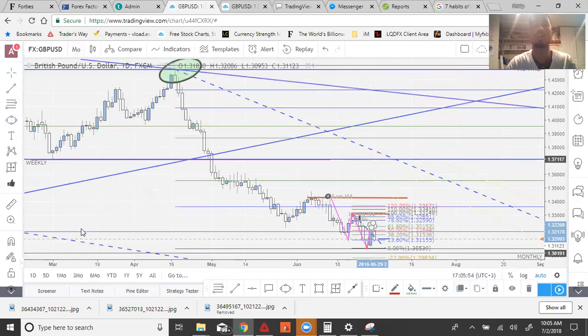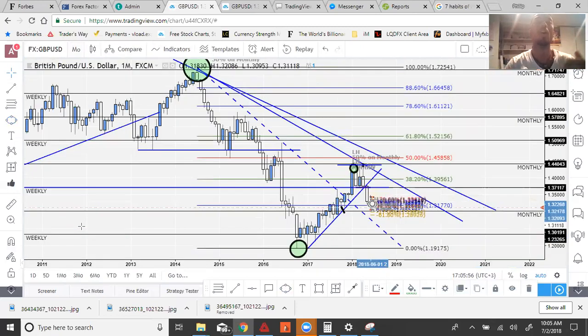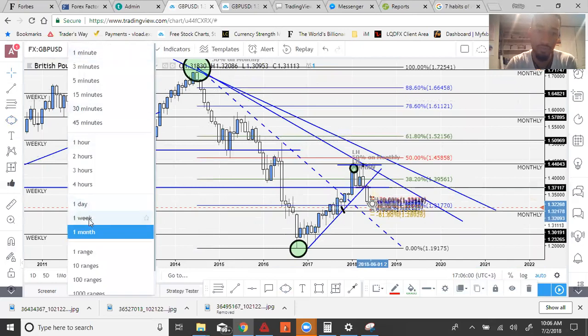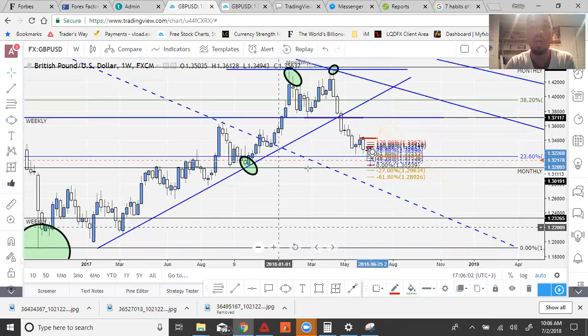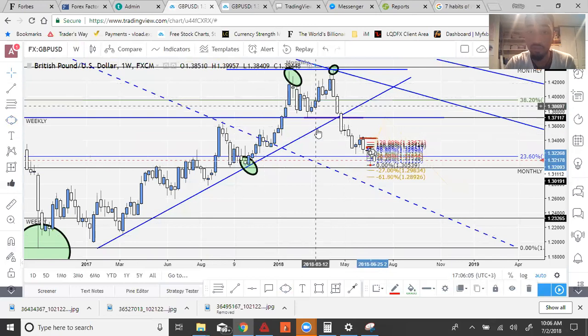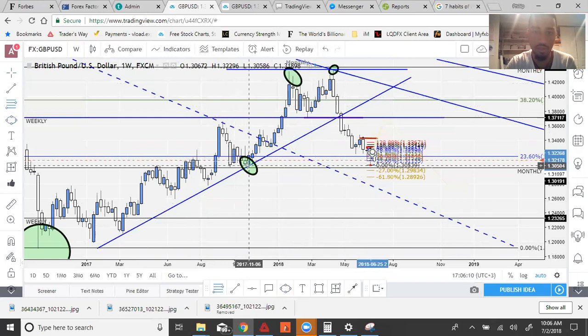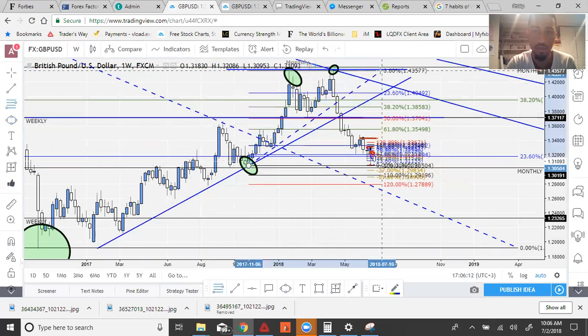Well, first, I can step back. On the monthly chart, it's a downtrend. Number one. On the weekly chart, let me see if it did break structure. Okay, point B, yeah, this is 38.2 over here.